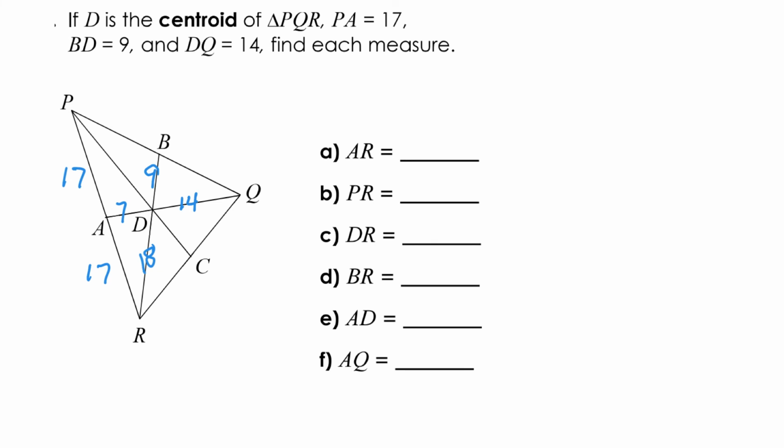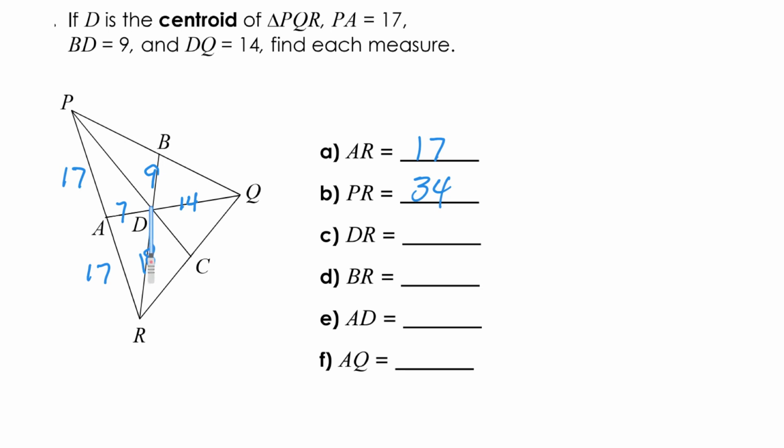And so now it looks like we're ready to answer the question. We need to figure out the length of AR. Well, we already have it identified right here to be 17. And PR is this total length right here. So we have a length of 17 plus another length of 17, so we add 17 plus 17 to get 34.